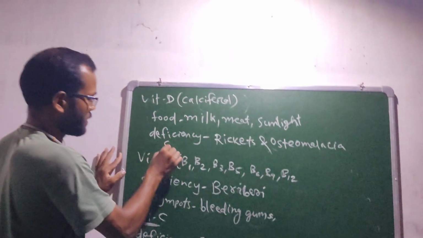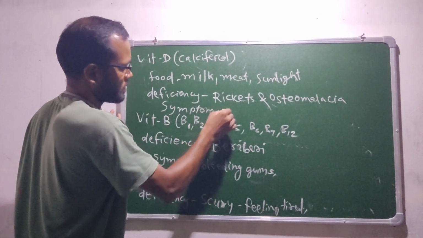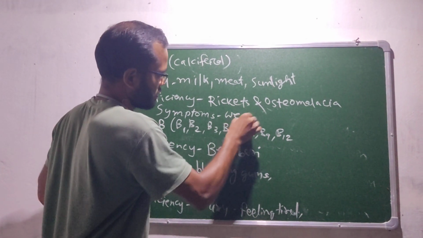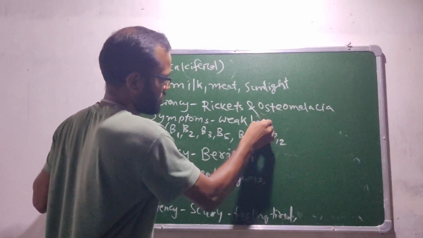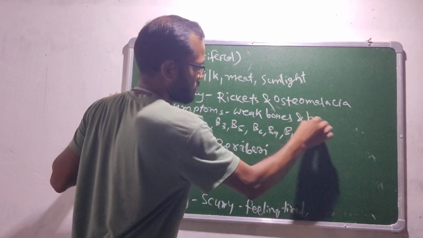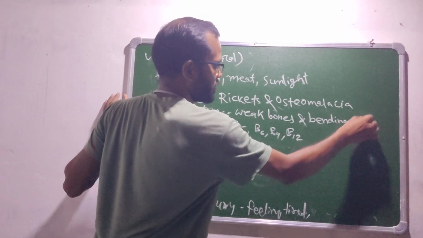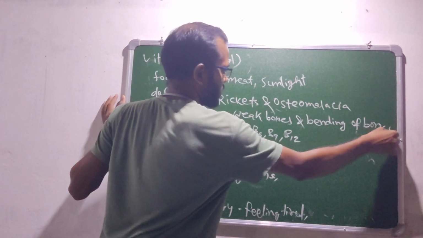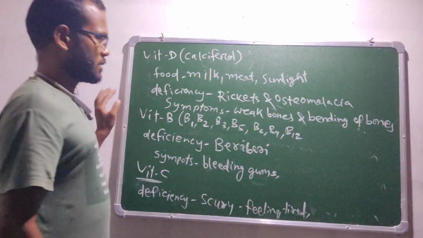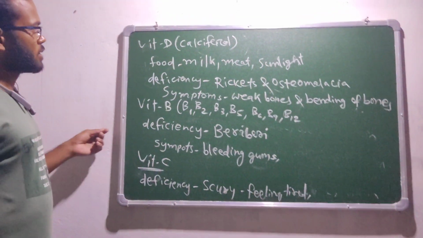What are the symptoms? The symptoms of rickets and osteomalacia are weak bones, and bending of bones also occurs in this disease. This disease mostly affects the bones.